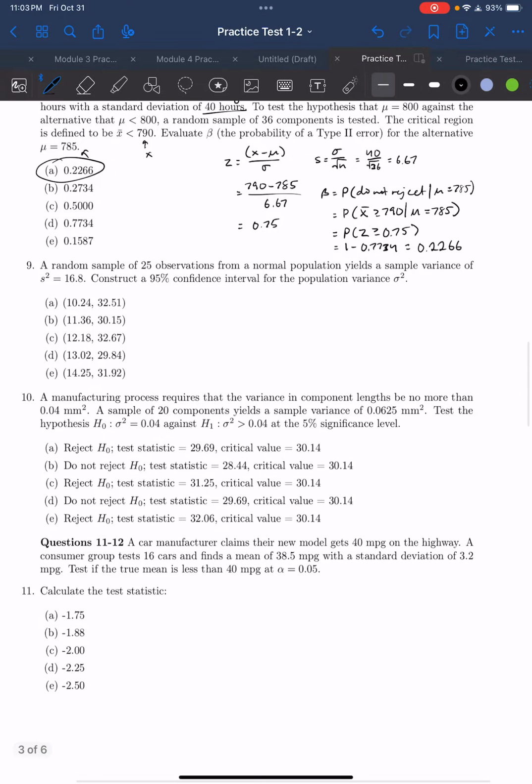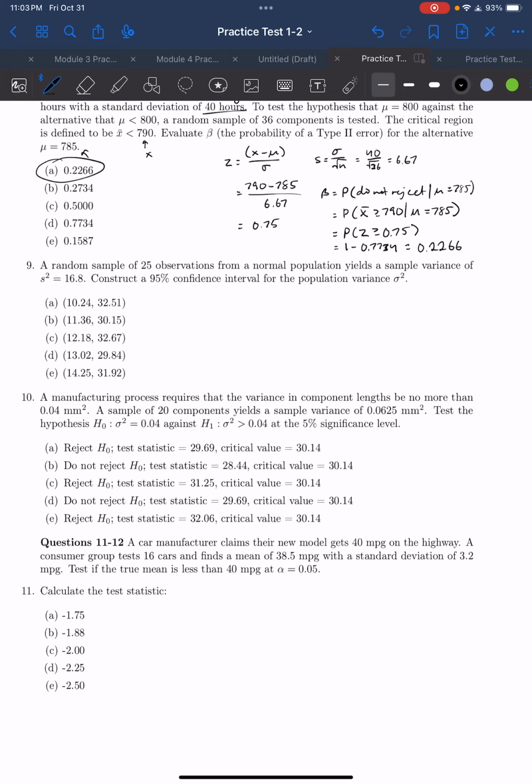Okay, so for the next problem, we have a random sample of 25 observations from a normal population yields a sample variance of 16.8. And we want to construct a 95% confidence interval for the population variance.